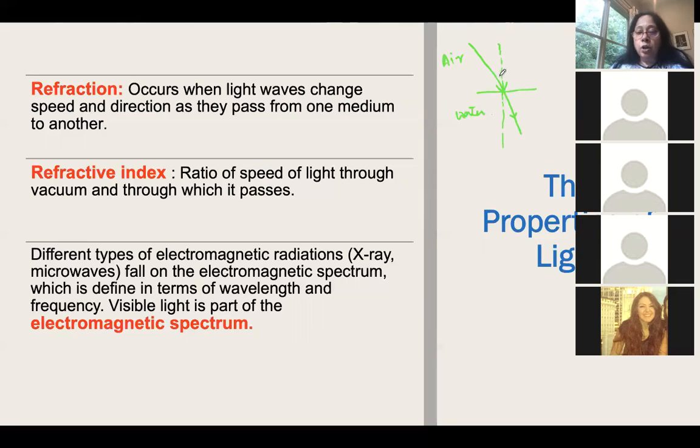Light is moving from one media to another media. When they change medium, they change their speed. And because they are changing speed, their direction also has to change. That property is called refraction.